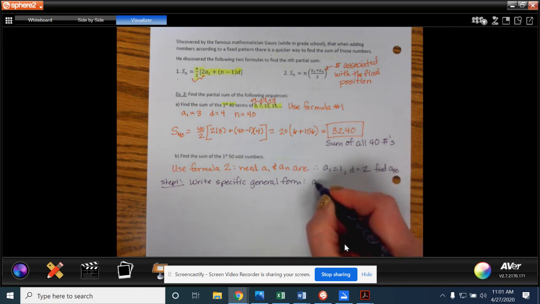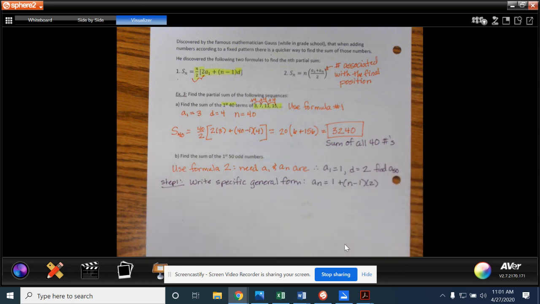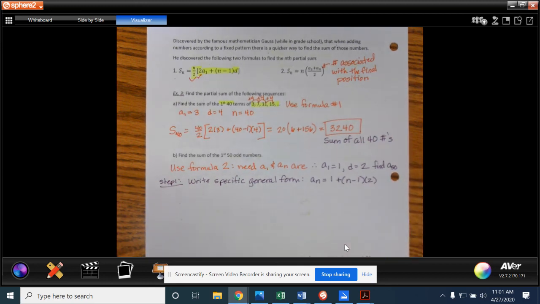Well, that would be a of n equals a of 1 plus n minus 1 times 2. That's from our other side of our notes. Well, I do know what n is, so plug it in.